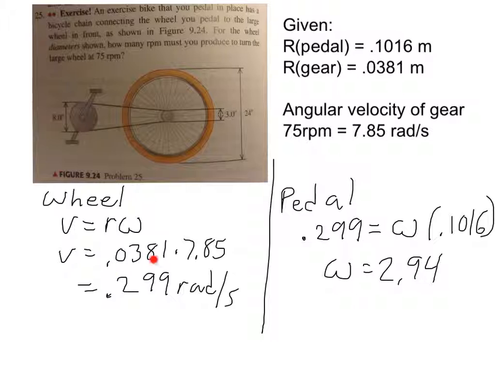So I multiply the radius of the gear times the angular velocity of that gear to get 0.299 meters per second. I'm sorry, that's not rads, that's meters per second.